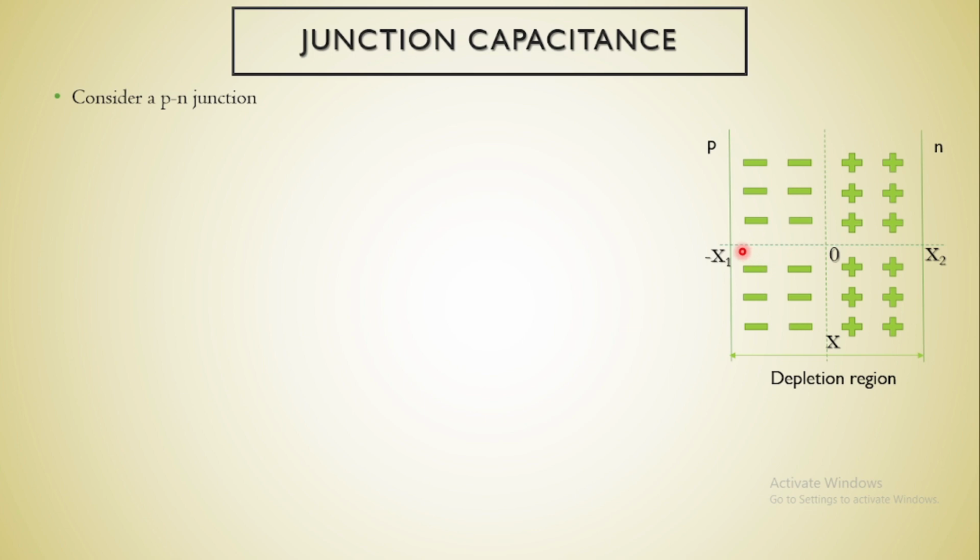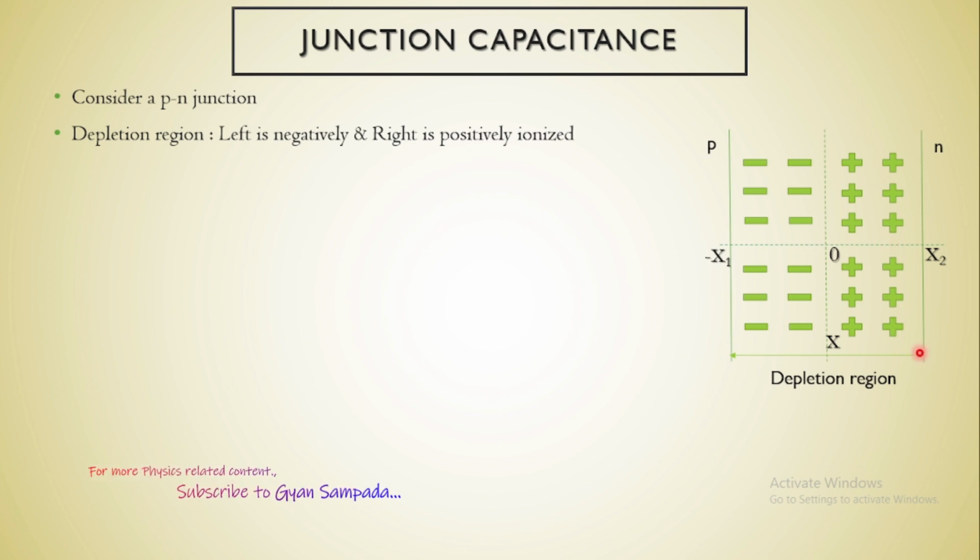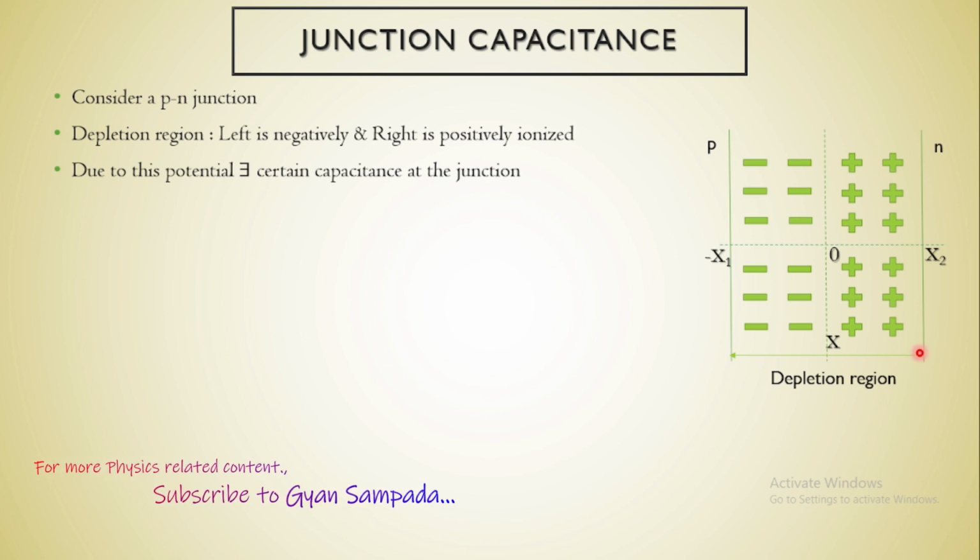As we have already understood, towards the p side, we are having negative charges in the depletion region, whereas towards the n side we will be having positive charges. That is, when we are considering the p-n junction, the left of the depletion region is negatively ionized and the right of the depletion region is positively ionized. And because of this potential, there exists a certain amount of capacitance at the junction.